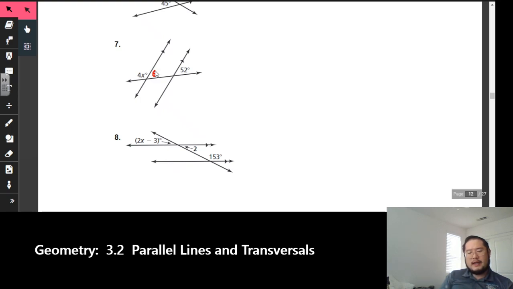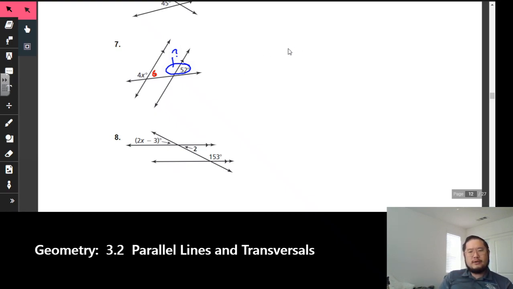How could I find x? Well, one thing I do know, and that's what makes this question a little bit different, is that these two angles right here, and this one I'll put as a question mark, have a relationship. They are a linear pair.